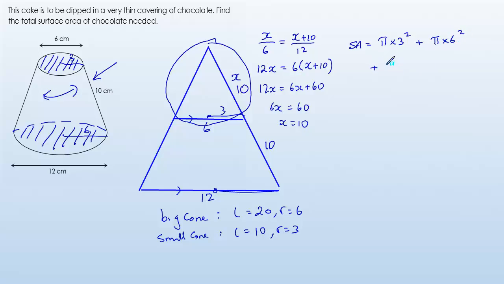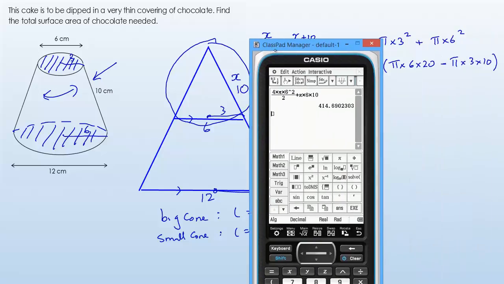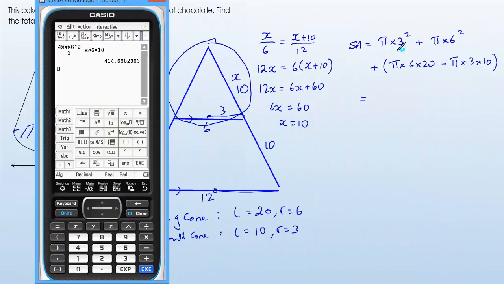And then we've got the curved surface, which is going to be pi times r times l for the whole cone, take away pi times 3 times 10 for the small one. And once we've got those written down nice and clearly, each part, it's best to calculate all in one go.